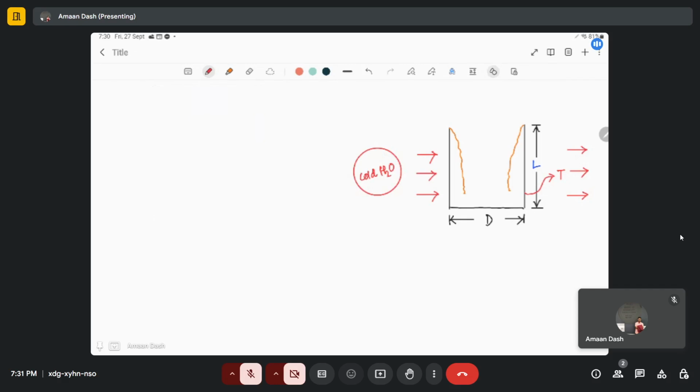This is what helps in maintaining a temperature of Ts. Okay. Let me close this. It's not looking good.